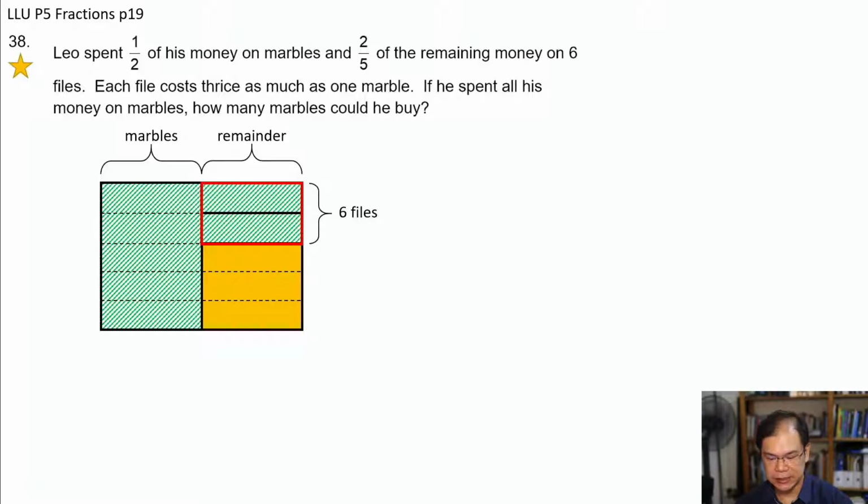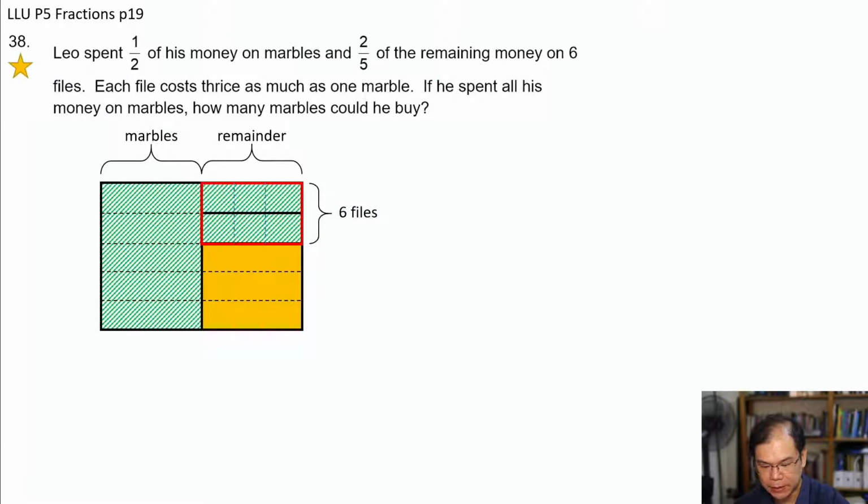So if this is 6 fowls, if I cut it up like this, I can show that this is for 1 fowl. This fraction of money is for 1 fowl, because I'm supposed to have 6 fowls. So if I have 6 units, it means 6 fowls, right?